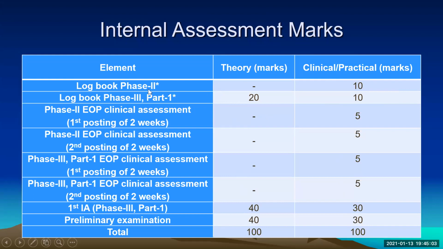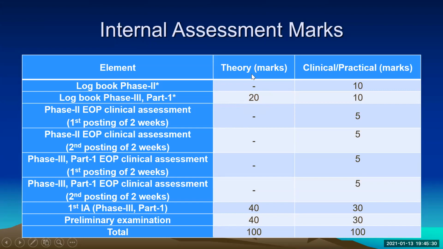Now, ENT training will be given in two phases, in phase 2 and phase 3 part 1. Phase 2 will have only clinical posting of 4 weeks. Phase 3 part 1 will have all the theory lectures and the clinical postings also. So regarding the logbook, when we talk of the logbook, we are actually talking about the day-to-day formative assessment. For the logbook, 20 marks are to be given for theory.